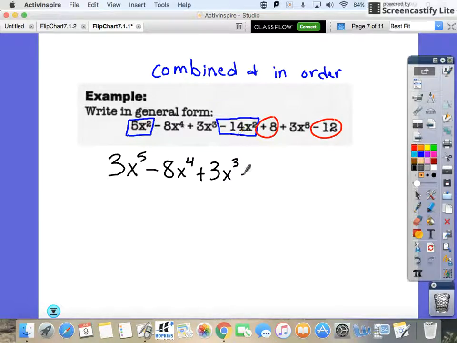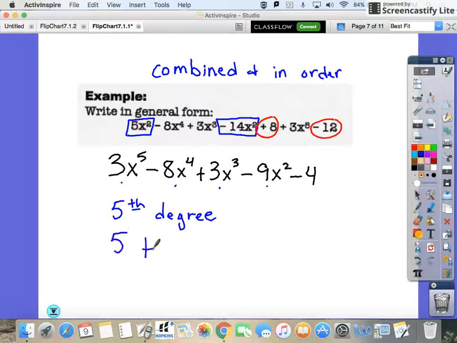Negative's bigger by 9, so we're going to have negative 9x squared. There's no x term, so that's going to be blank right here. And then we have 8 minus 12 is negative 4. So this would be a 5th degree, and it has 1, 2, 3, 4, 5 terms. That's a coincidence.